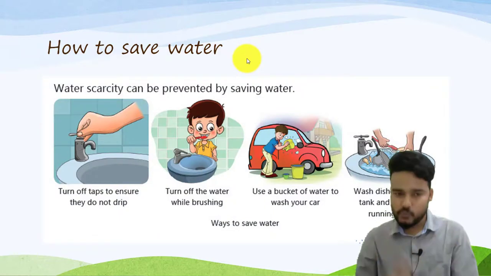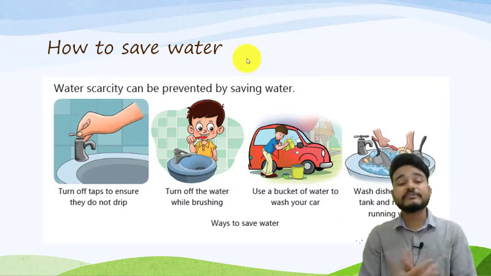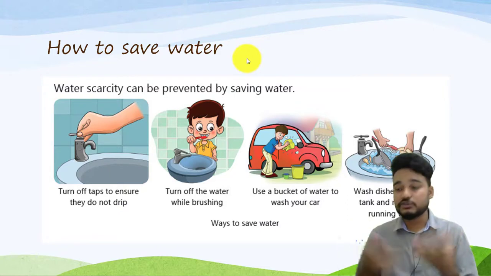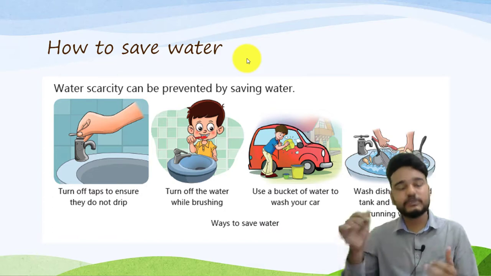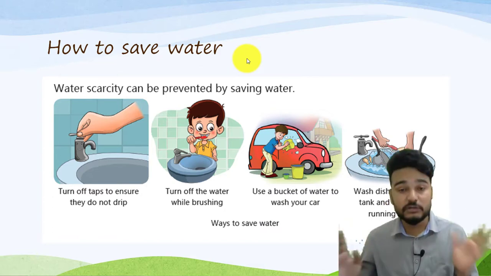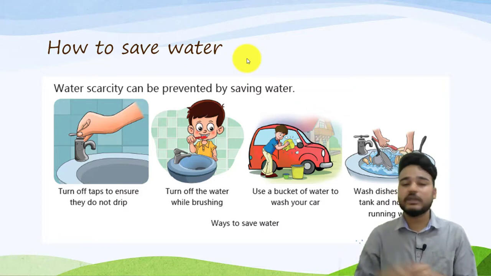Now how to save water? We can turn off the taps to ensure they are not dripping or water is not overused. Okay, so जब भी जरूरत हो उतना ही पानी we will be using, and जब जरूरत नहीं हो we will close our tap, or turn off our taps.